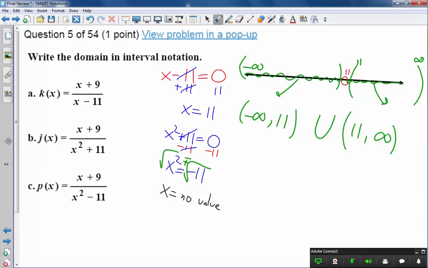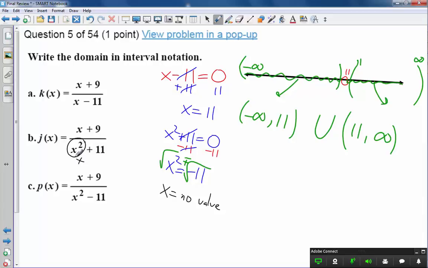Nothing makes this function break down. Nothing makes this function sick. It's always healthy. It lets everybody in the x and computes it. Even negative 11, the bad one earlier, makes this fine, because this square is going to make everything positive. You're either going to get 0 or positive numbers here.